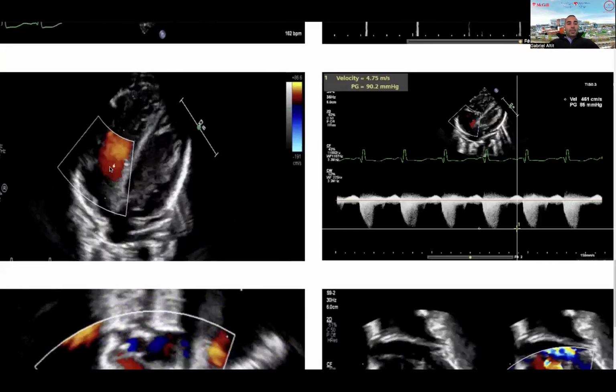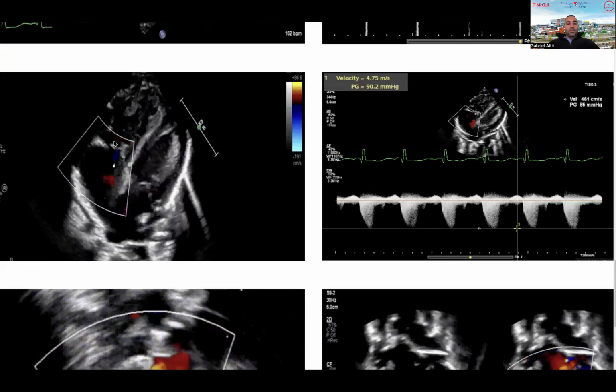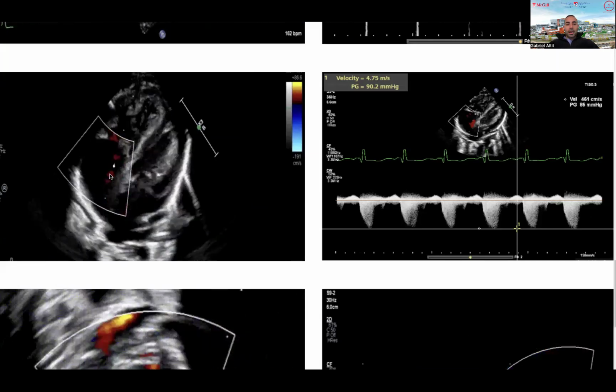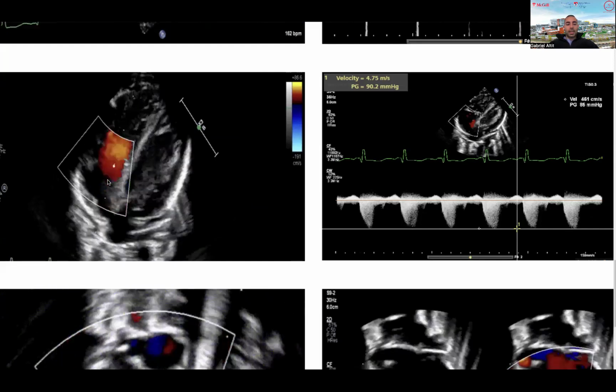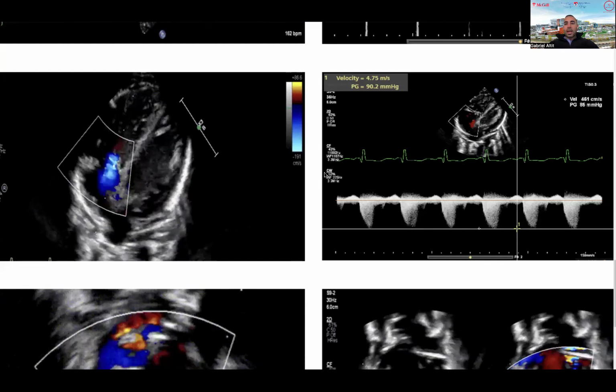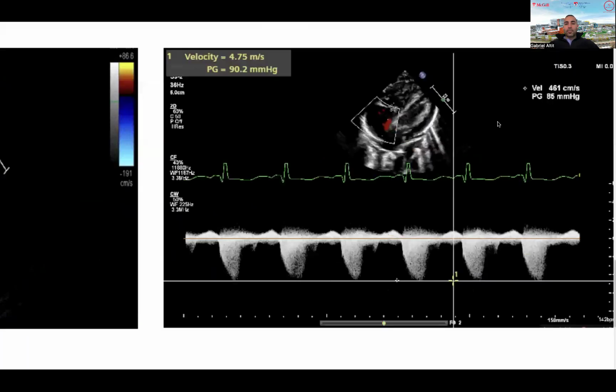So we obtain a CW Doppler along the tricuspid valve to estimate the TR jet velocity. So this is the tricuspid valve, and this blue jet is the tricuspid regurgitant jet. And here you can see that I think we are well aligned as much as possible.